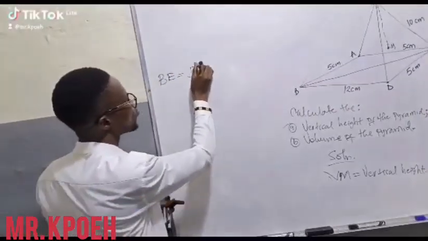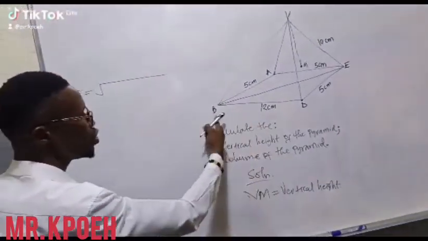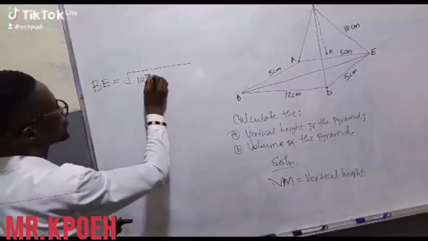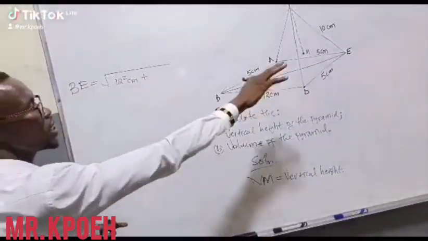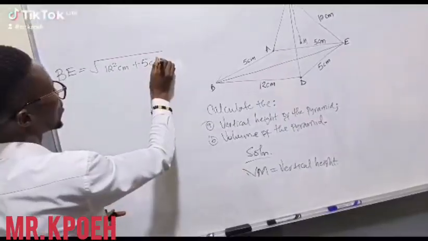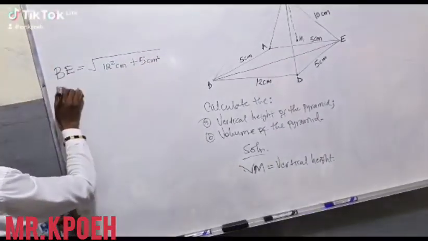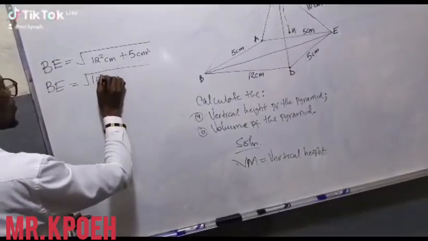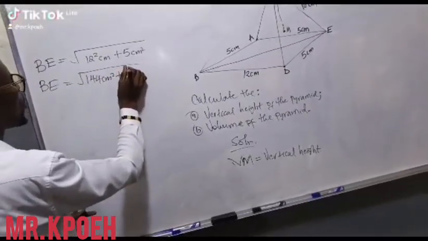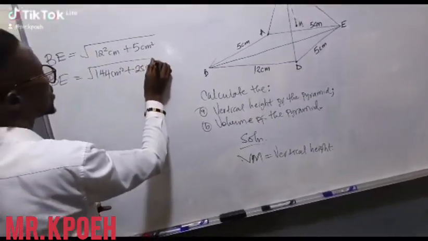We say BE is the square root of 12 cm squared plus DE, which is 5 cm squared. So BE is going to be equal to the square root of, if you square 12, you get 144 cm squared plus 25 cm squared.